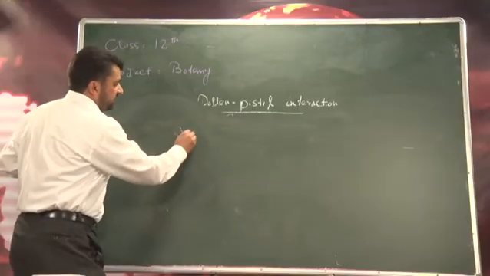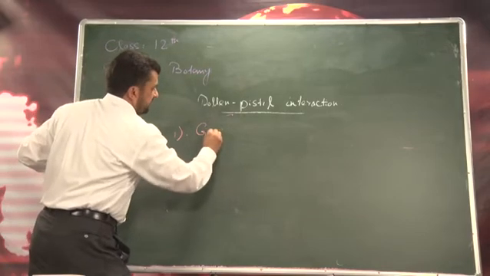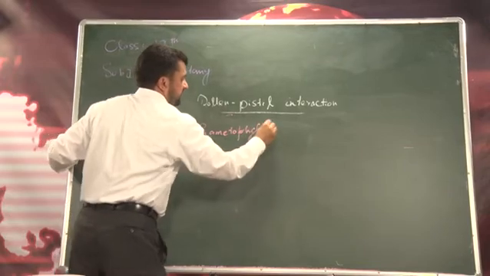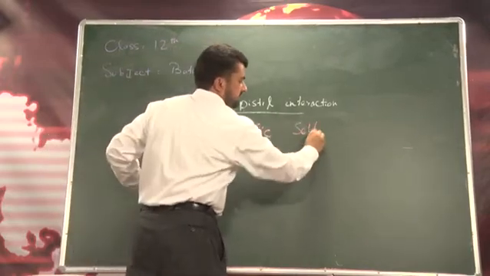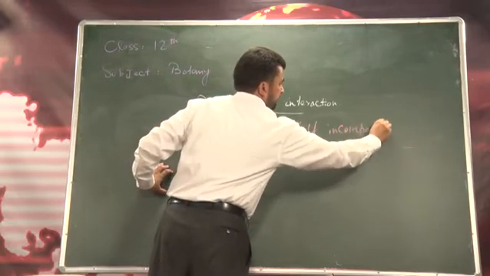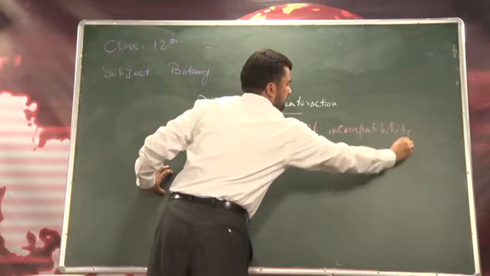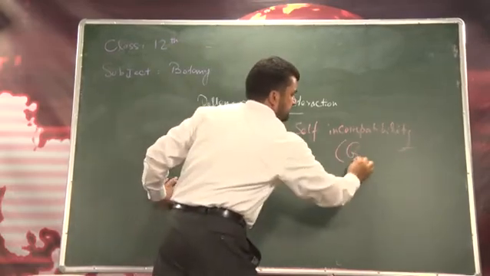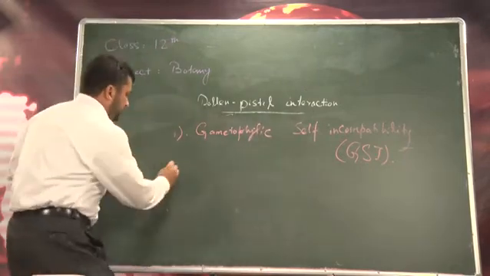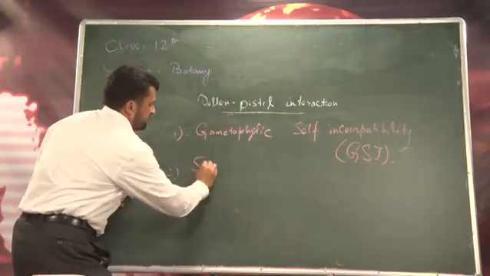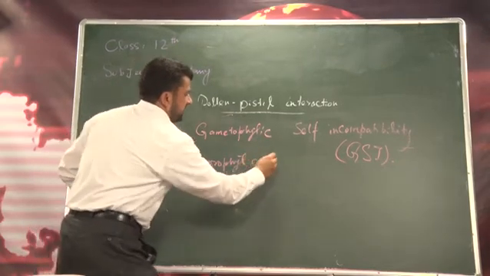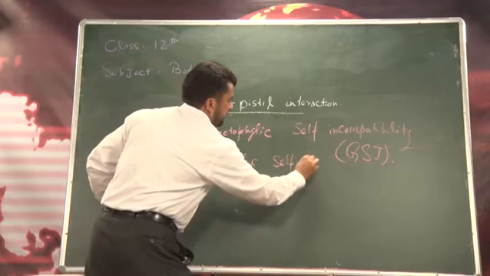One you precisely call gametophytic self incompatibility, the GSI system, and second you call sporophytic self incompatibility.